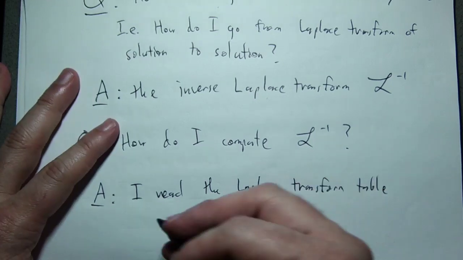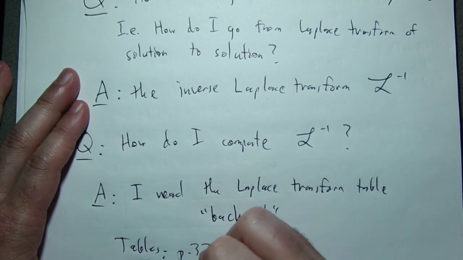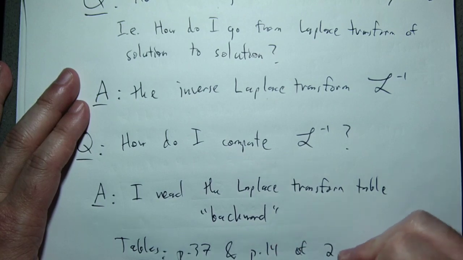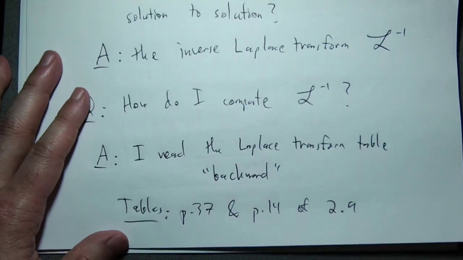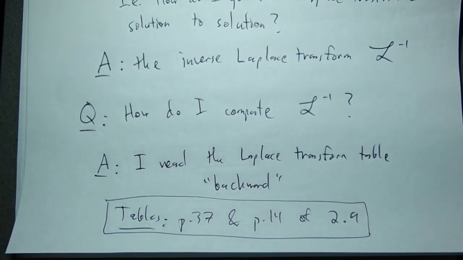So tables, page 37 and page 14 of 2.9 will do it. These are definitely all you need. This table on page 14 I think is enough, since that is pretty much everything.